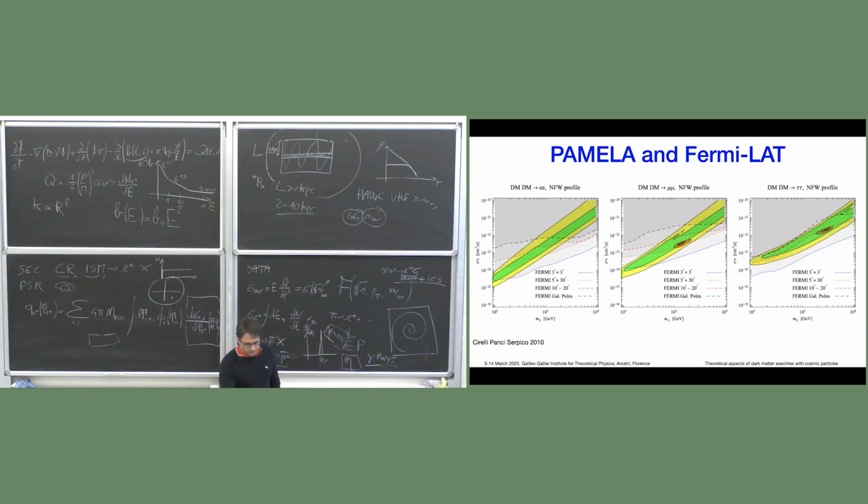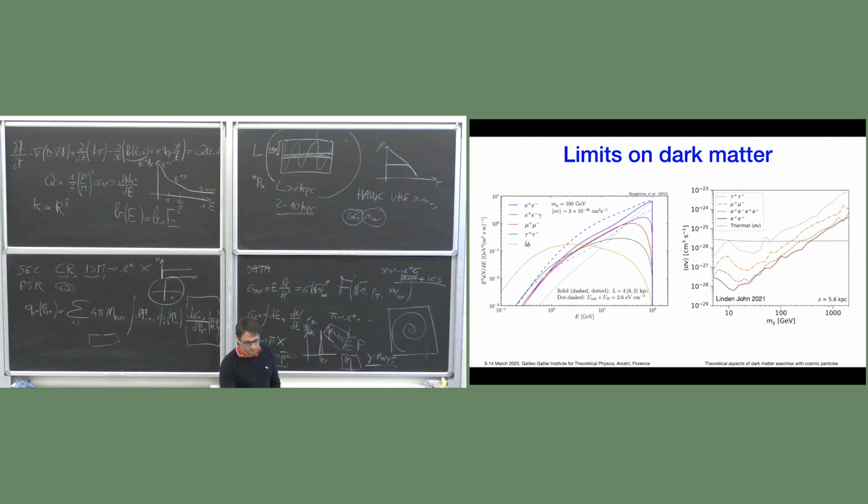So since you cannot fit data with a dominant contribution of dark matter, you can still try to do some more reasonable study of dark matter, where you try to find some narrow spectral features in the data. In particular, if you have dark matter going into e+ e-, this channel generates directly e+ e-.